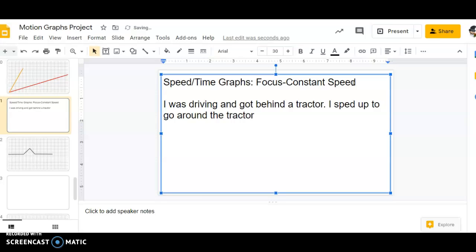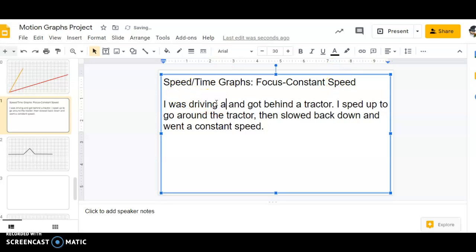Spell tractor right too, Mr. B. I sped up to go around the tractor, then slowed back down and went a constant speed. And I see that I've missed that.